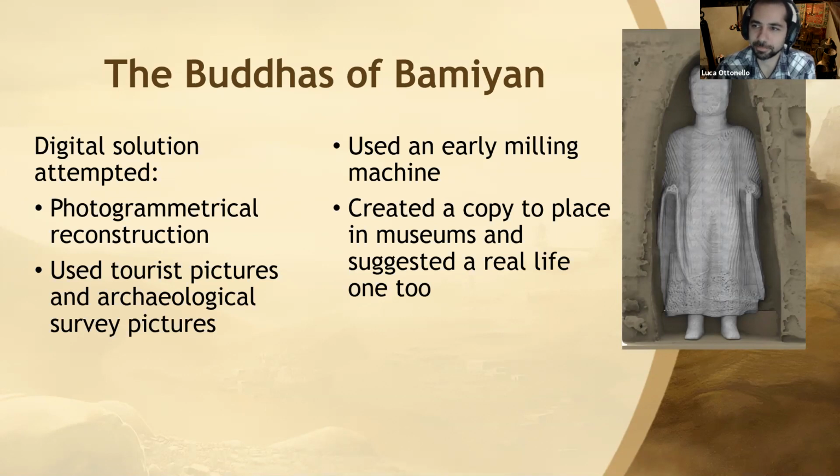So basically taking earlier photographs taken by archaeologists and joining them together with tourist pictures taken over around, I think, 30 years. With this, they managed to reconstruct digitally one of the Buddhas. And this was placed in one of the museums as a 3D print, which created some controversy due to the fact that it wasn't the original.